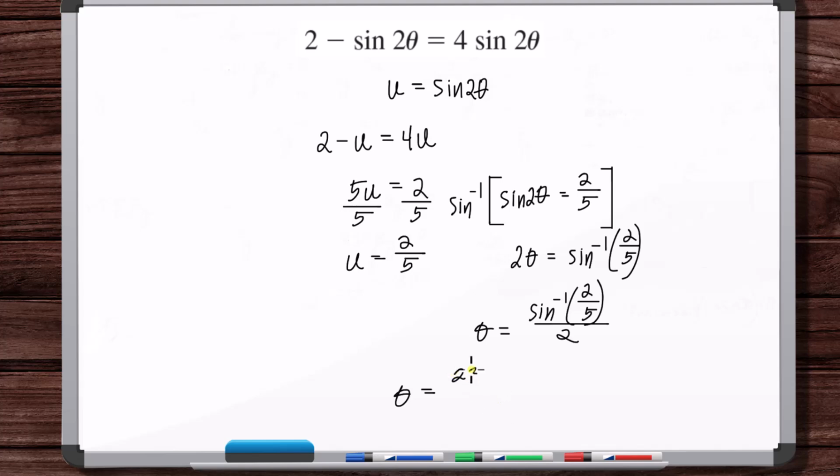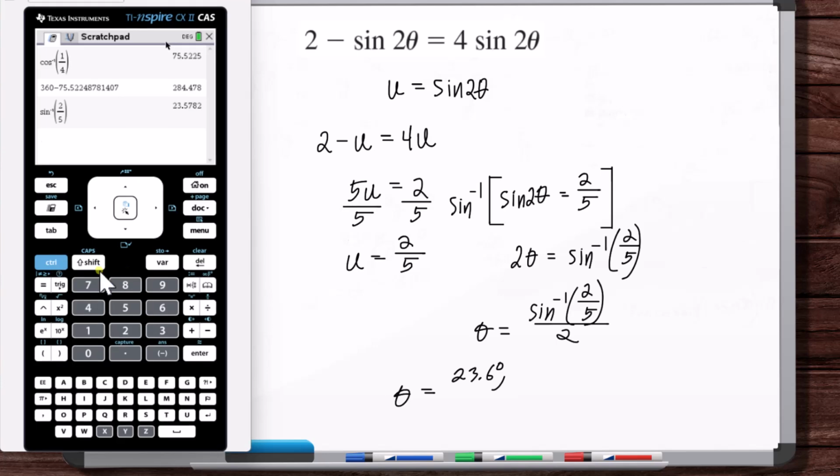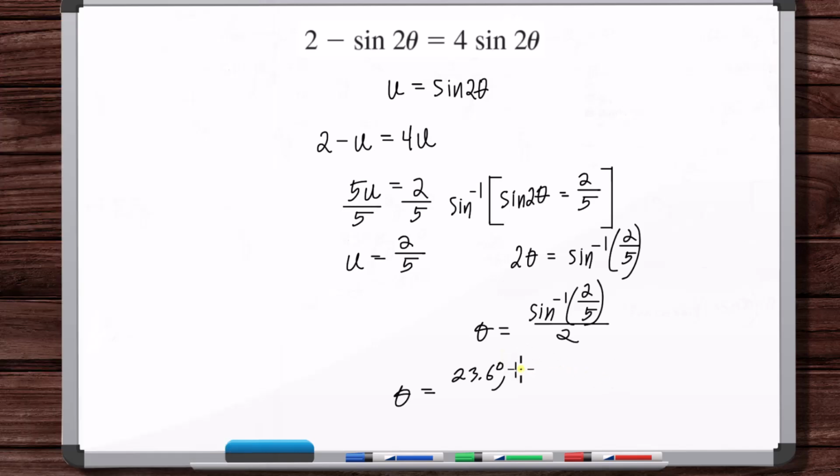So 23.6 degrees, and sine is also positive in quadrant 2, so 180 minus this, 156.4. Okay, so these two angles, any angle coterminal with those two angles, then divide that by 2, and that would satisfy this equation.